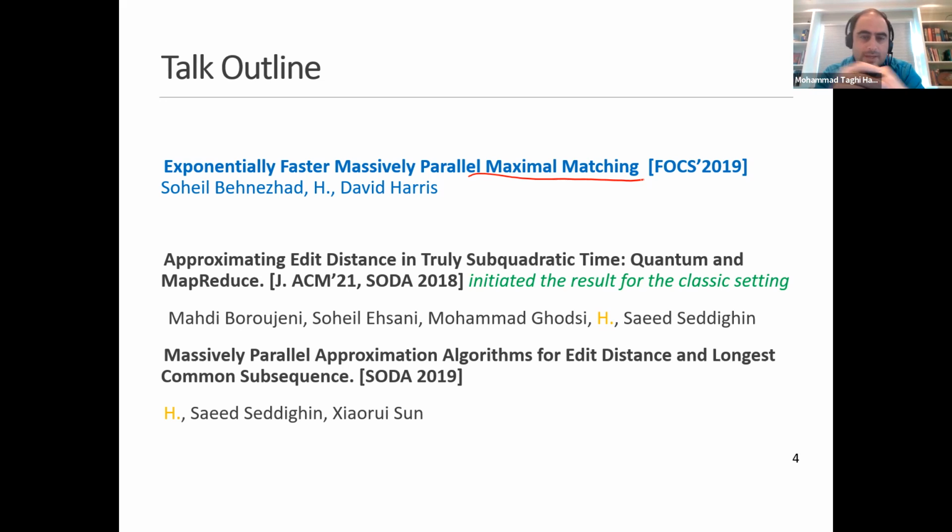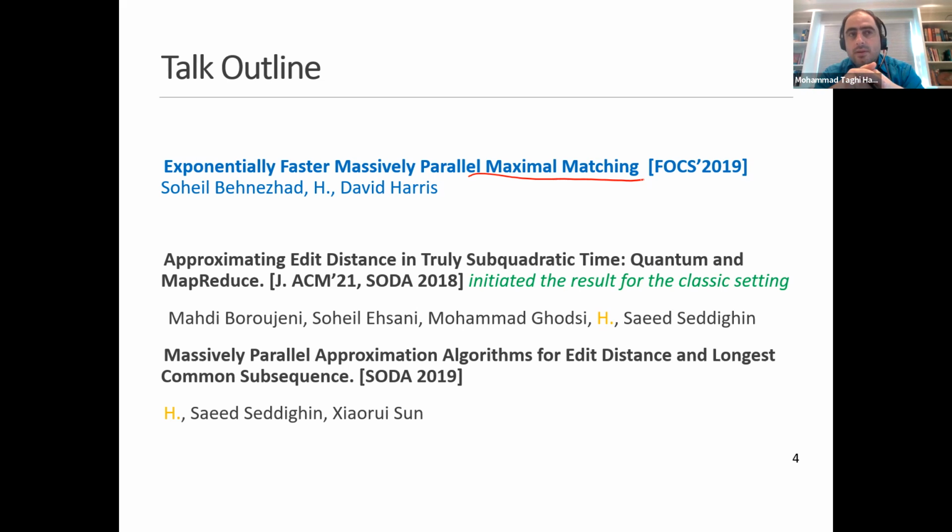The proof might be a bit complicated. I will give you some ideas about it. That is for maximal matching, which is a very fundamental problem. The matching problem is very fundamental in all algorithms and all marketplaces. For example, Uber has a marketplace that connects users to drivers. Amazon is the same.